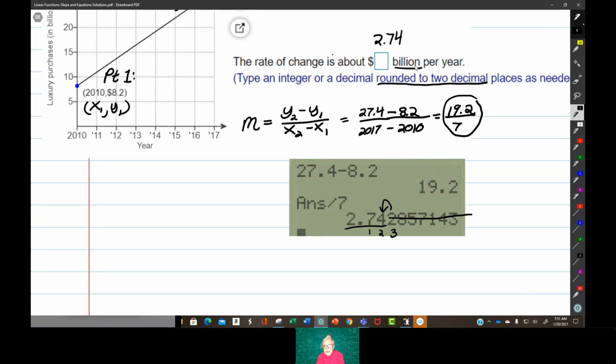So this is 2.74 billion, and that's how much in this problem the rate of purchasing luxury goods is, well, the amount of luxury goods are going up by $2.74 billion per year. That's what this rate of change is. Slope is the rate of change, and in real life, that's its most important meaning.